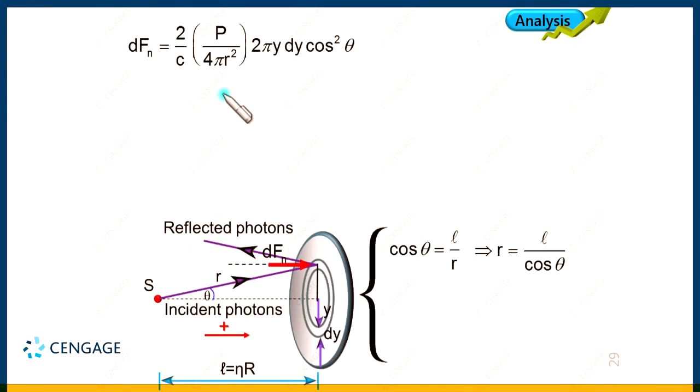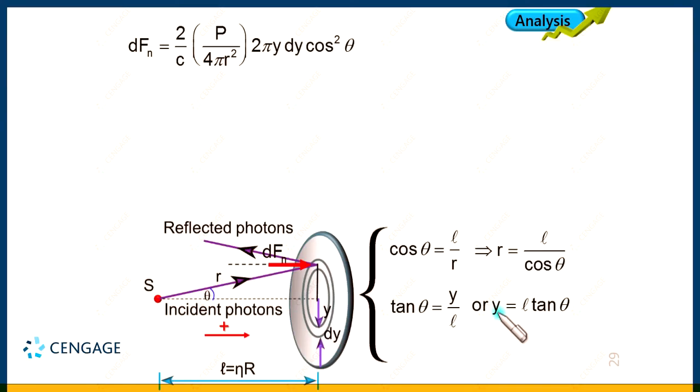We got the value of small r in terms of theta and small l. Now we can write the expression for y. This is y, it is also unknown. This value is L, that means we can write tan theta equal to y divided by L. That means y equal to L tan theta, right?